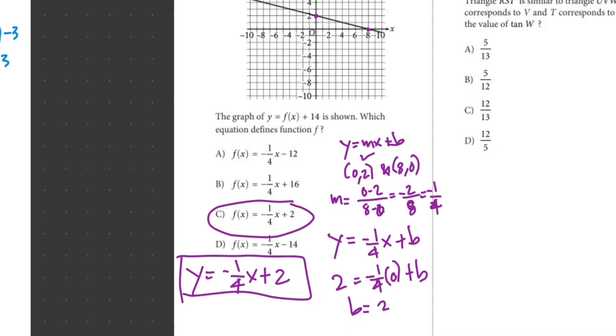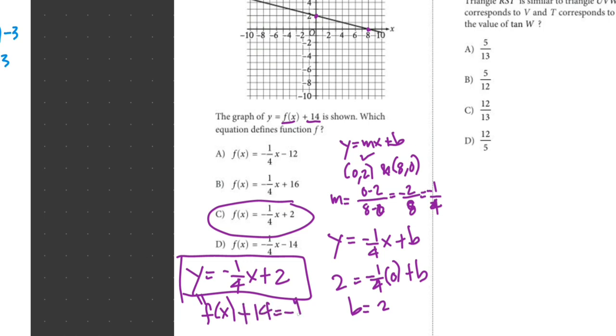Oh, hold on. It says f of x plus 14. Not bad. This is only for f of x. This one is f of x. Yeah. So maybe we add 14 there. f of x plus 14.